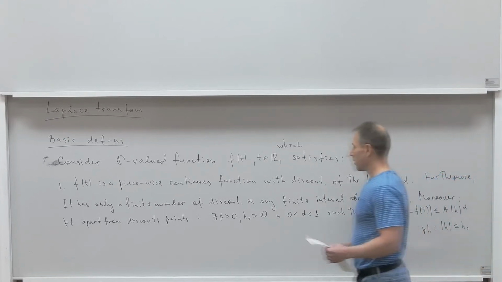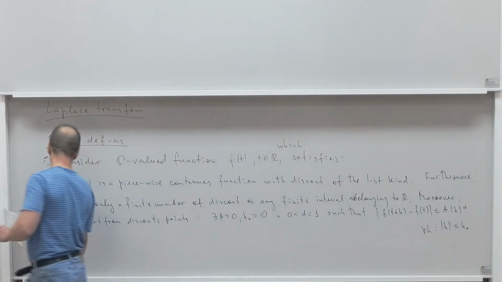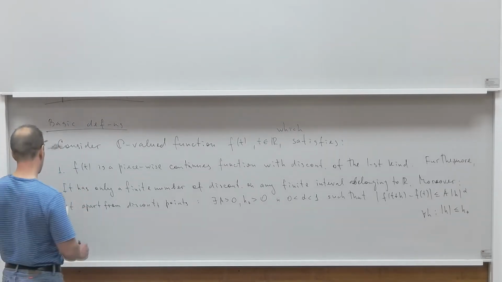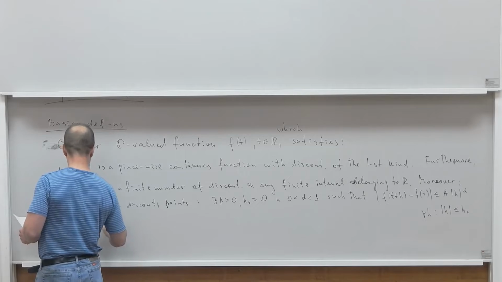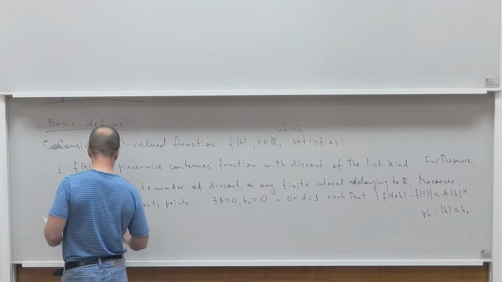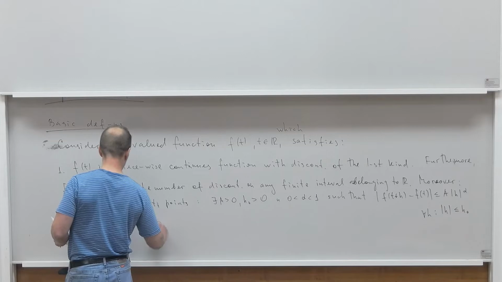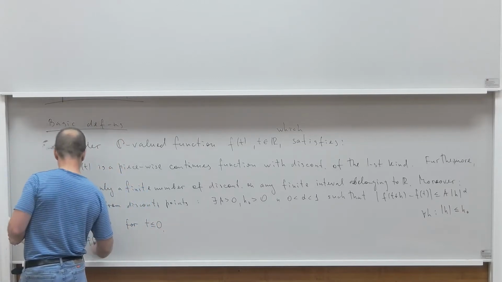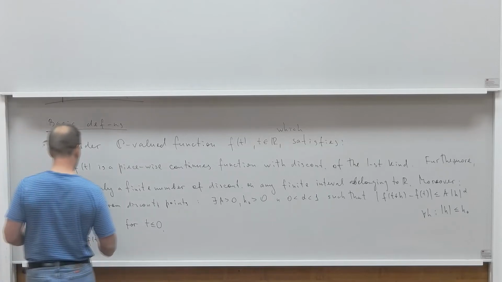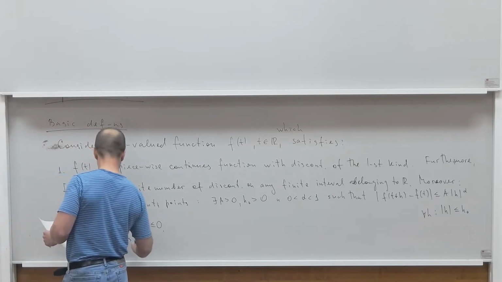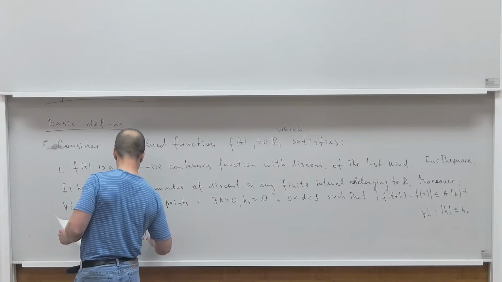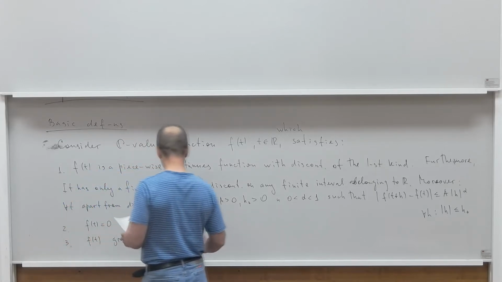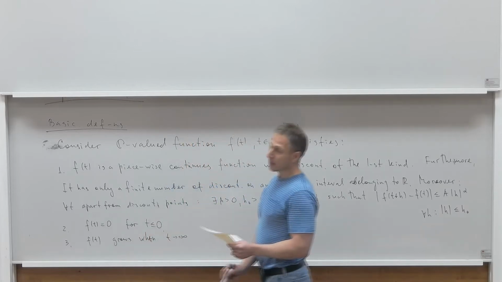So, the second requirement imposed on the function f of t is that this function vanishes for negative t. And the third condition is that f of t grows when t tends to plus infinity not faster than an exponential function.